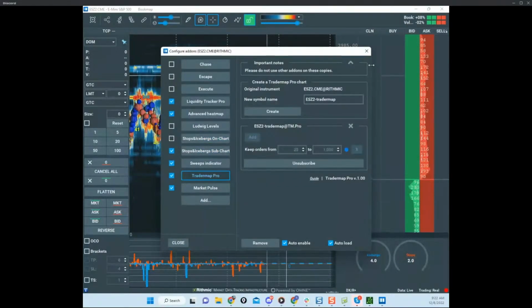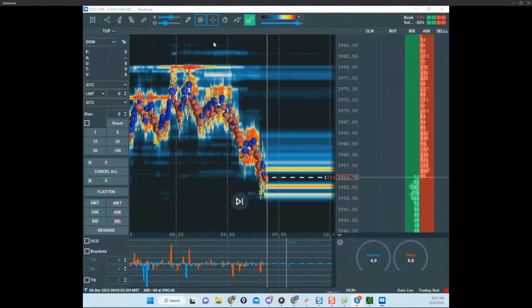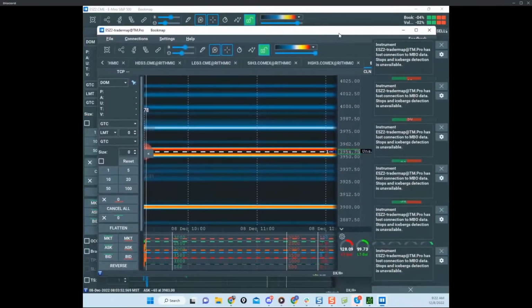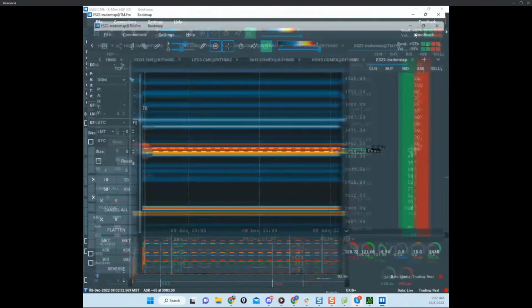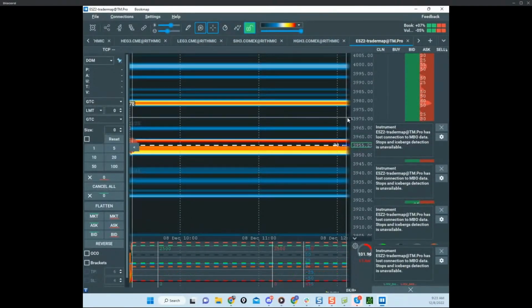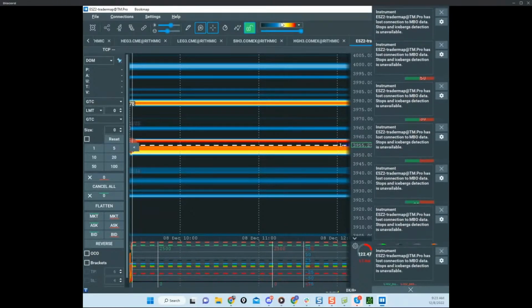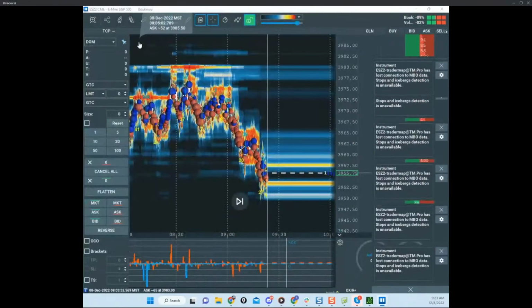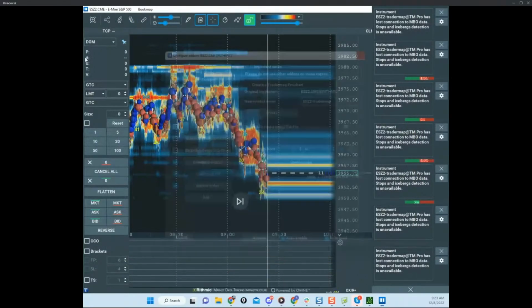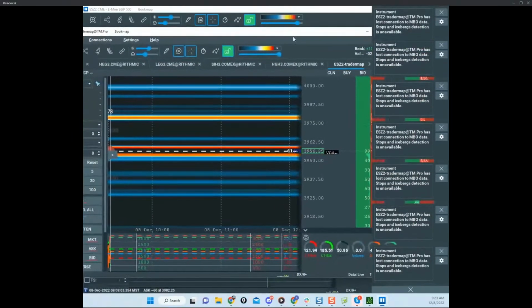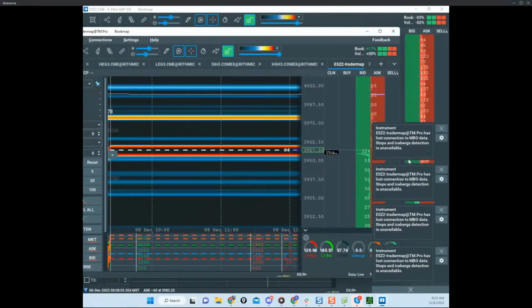Okay, and then now you should be able to go back to that other instrument. Go back to the original one and also deselect the subchart. You need the subchart? It'll come back for you. And then deselect that.